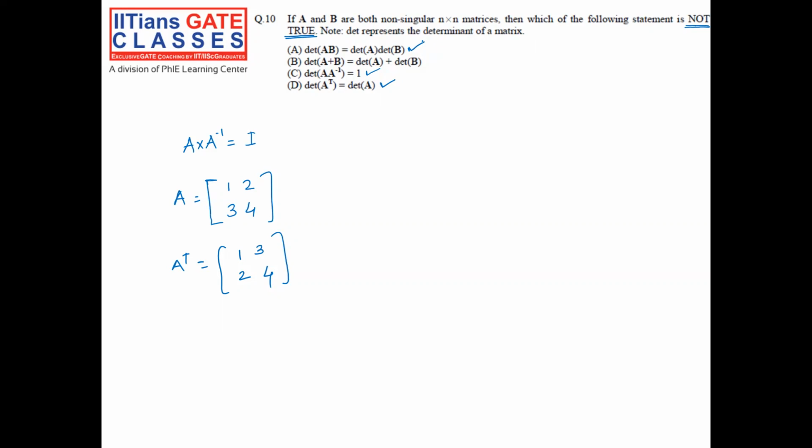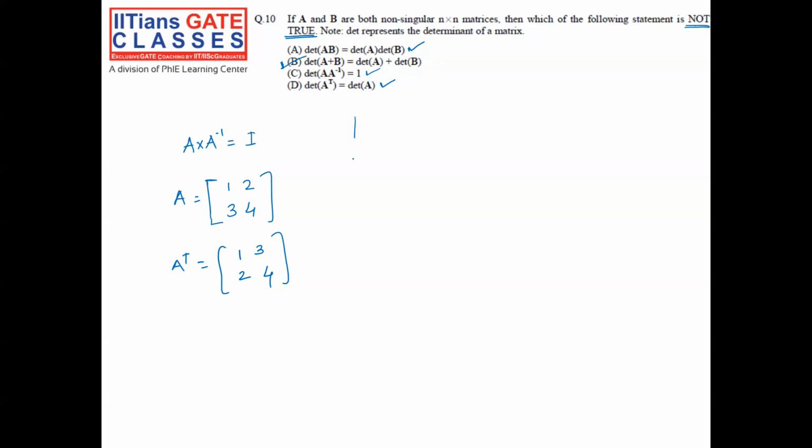This is the property of a determinant. But out of all 4 options, option B looks incorrect, because it's not true in this case, because determinant does not vary like this. If you take the determinants of matrices A and B and add them, it will not be equal to the determinant of AB.